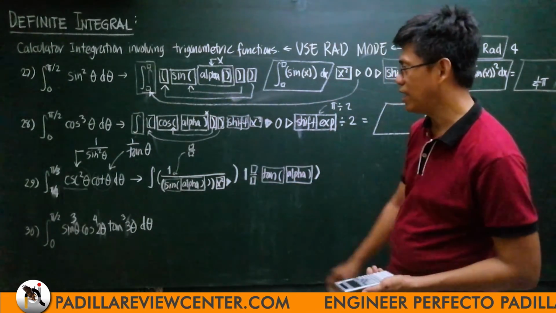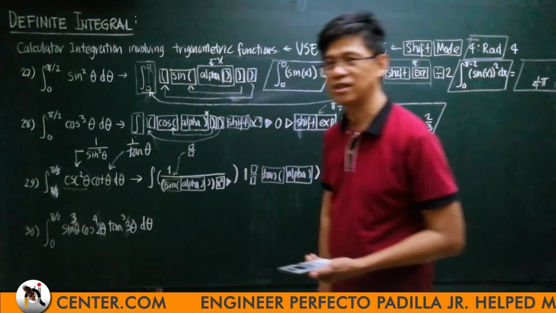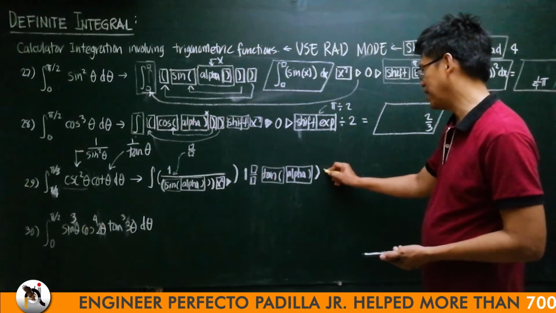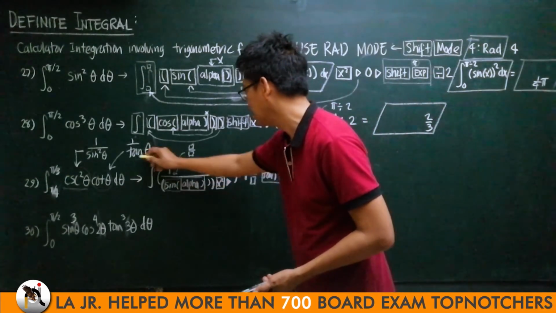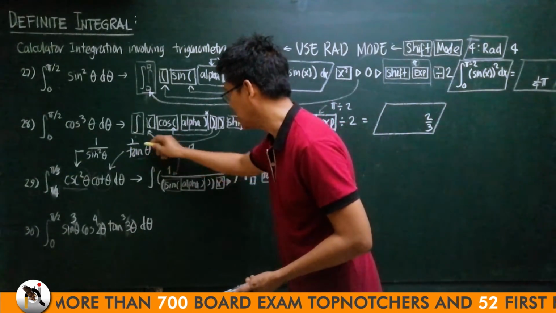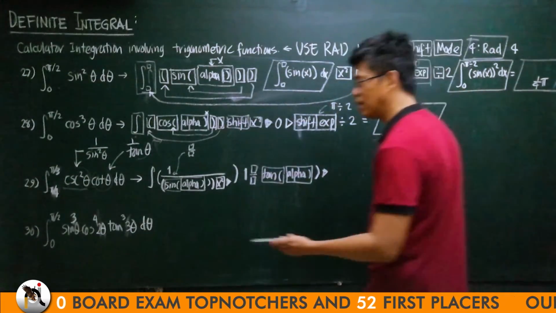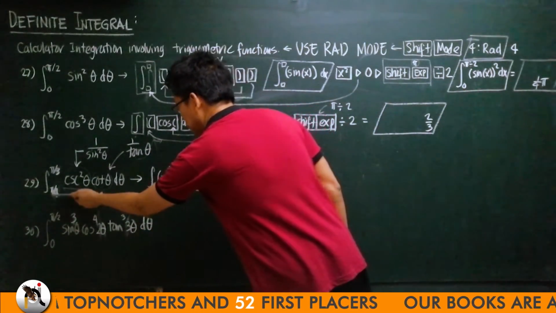Okay, so we are now 1 over tangent of x. Okay, press the right arrow key in order to bring it outside the denominator.